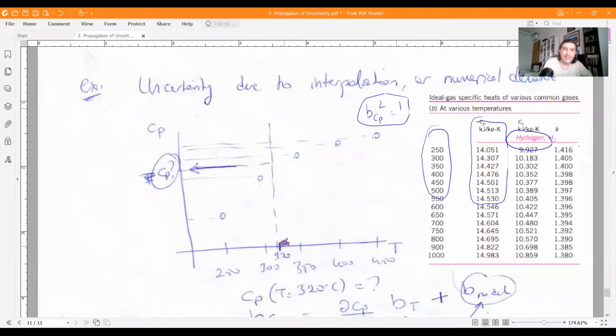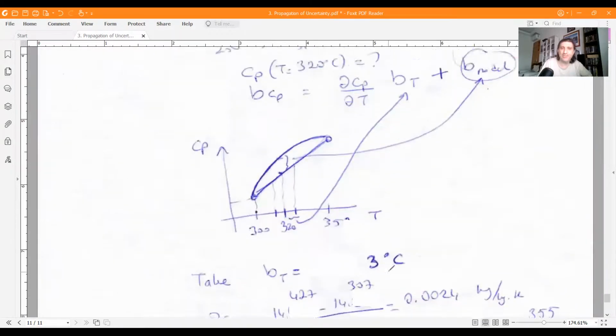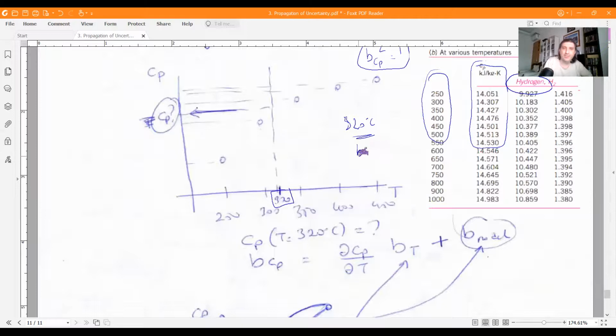And let's say that we need to find it at 320 Celsius, this experiment is conducted with, of course, some uncertainty. And we would like to see how this uncertainty in temperature is reflected. And what's that uncertainty? Let's say that the uncertainty is plus minus 3 Celsius.